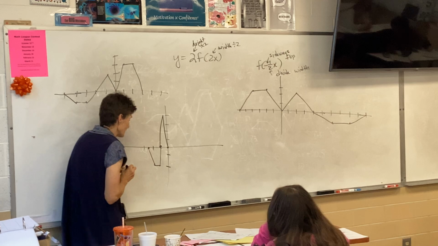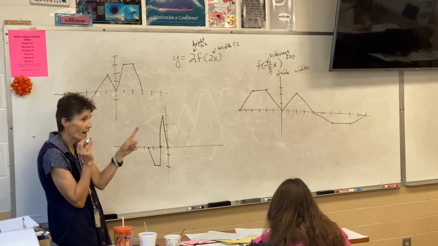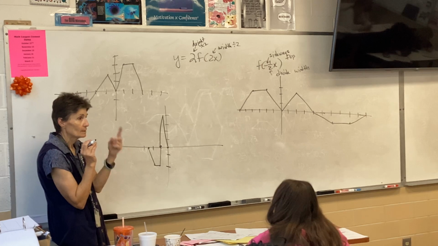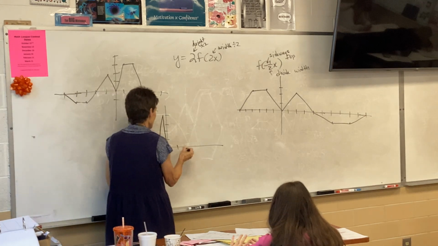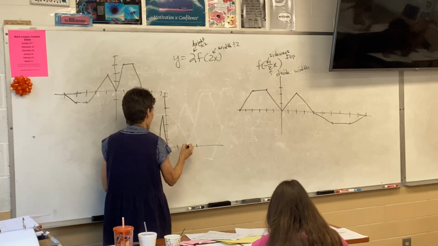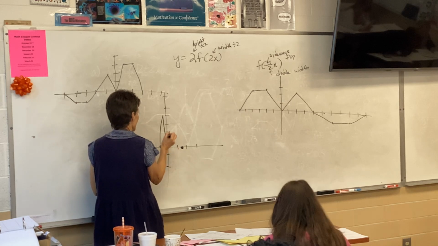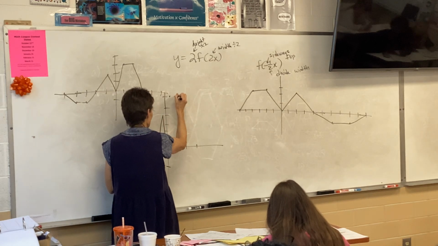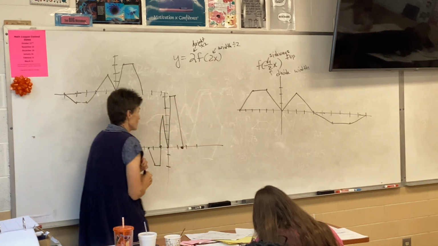So he's gonna look like that, 1.5 wide, 2 tall. And then what about my big trapezoid? He's gonna be 1.5 wide and 1, 2, 3, 4, 5, 6 tall. So he's gonna look like that.